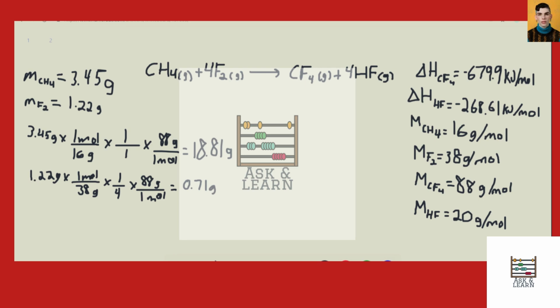Now they want us to know how much heat was evolved during this process. We can see that our limiting reagent is F2, so let me write down that F2 is limiting.